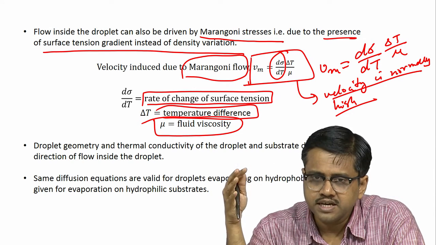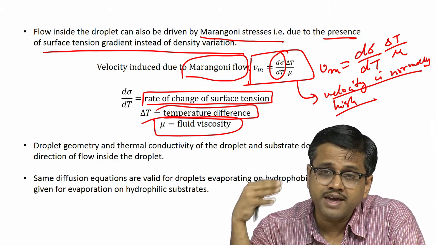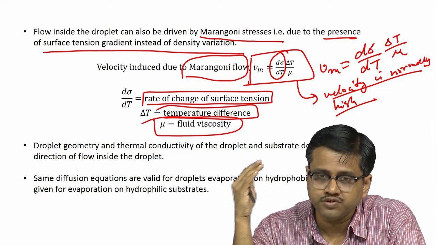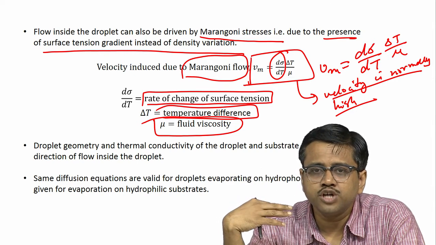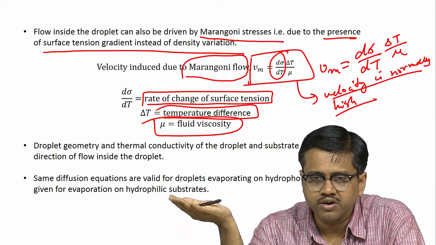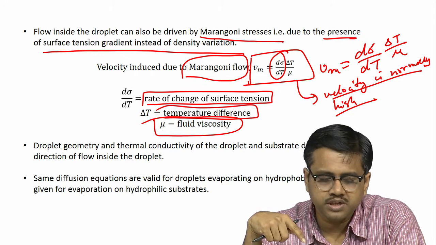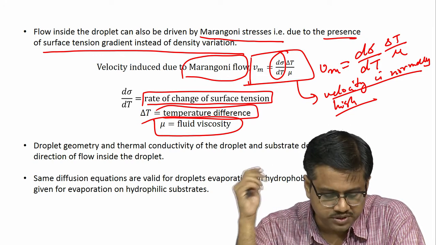So, in this case, though the evaporation phenomenon is strictly driven by diffusion, the flow field that is inherently created within the droplet can happen due to Marangoni, or it can happen due to the buoyancy, due to the density.